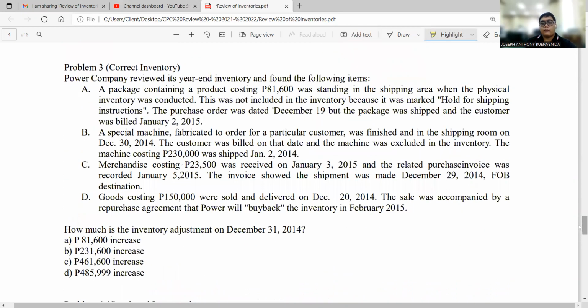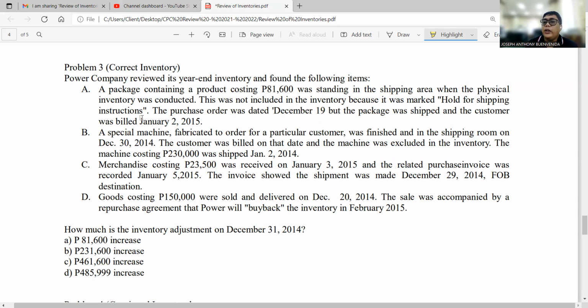Problem 3. Our company reviewed its year-end inventory and found the following items. We are asked, how much is the inventory adjustment on December 31, 2014? A. A package containing a product costing 81,600 was standing in the shipping area when the physical inventory was conducted.